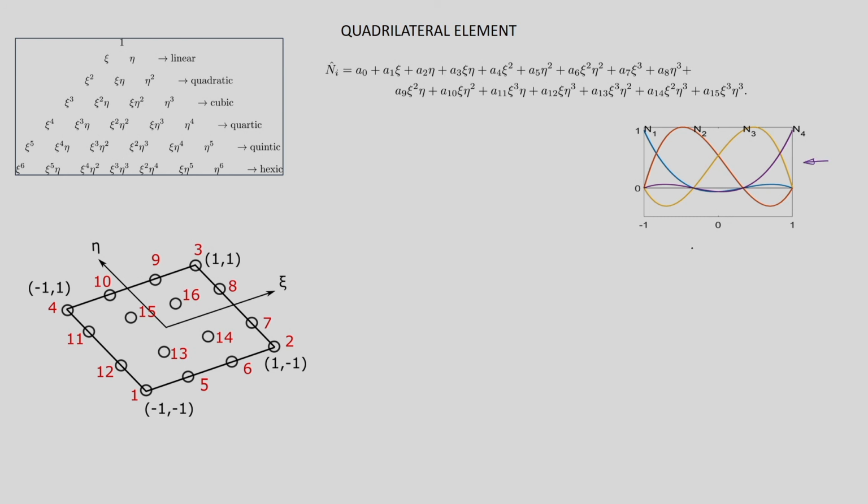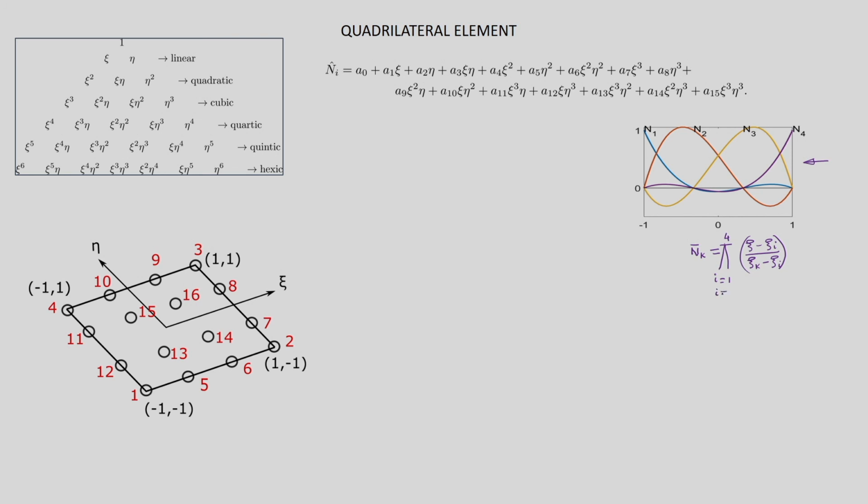In this case we can say that the shape function nk bar is equal to the product of xi minus xi I divided by xi k minus xi I, with I going from 1 to p plus 1. So in this case p equal to 3, so I goes from 1 to 4.